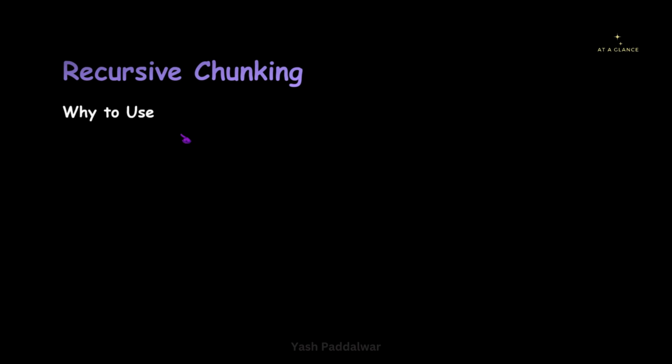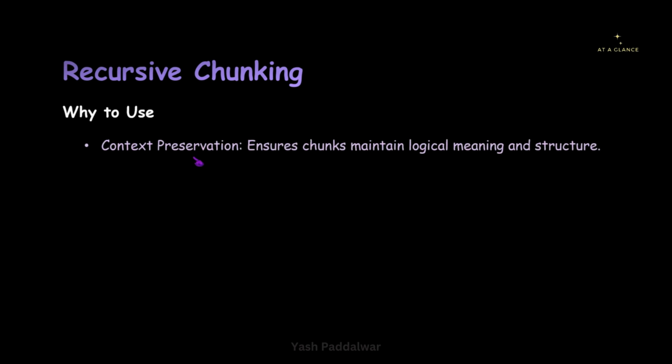Now let's see why to use the recursive chunking strategy. First, context preservation. It ensures chunks maintain logical meaning and structure. The structural completeness of the chunk is one of the special features of recursive chunking, so it preserves the context. Next, flexibility. It adapts to various text structures and sizes.